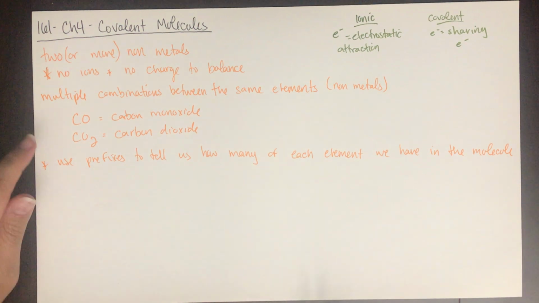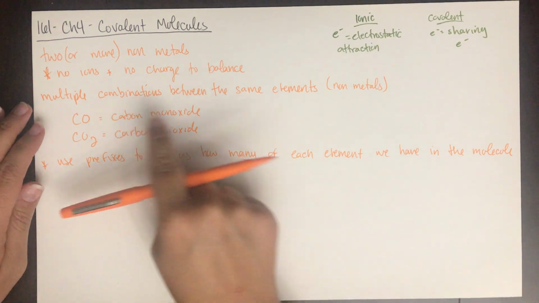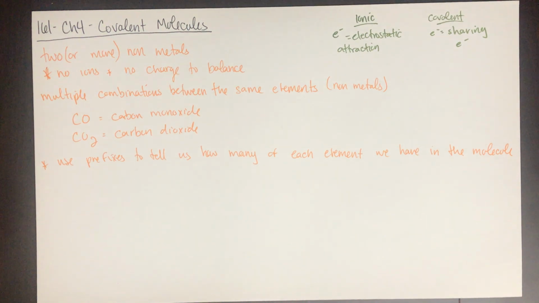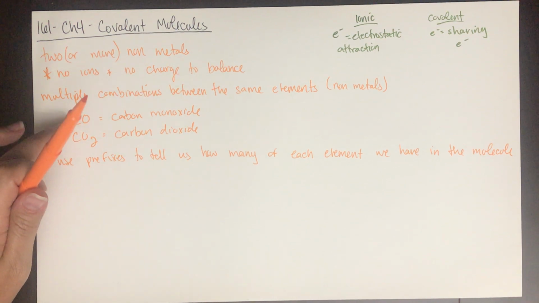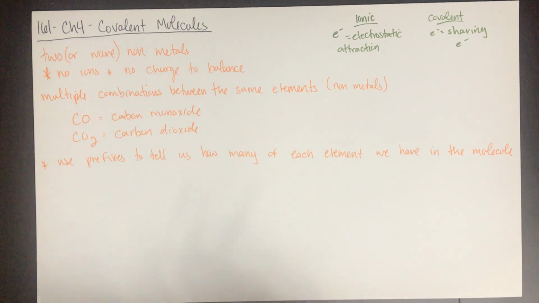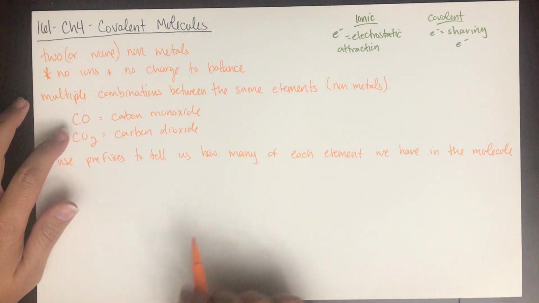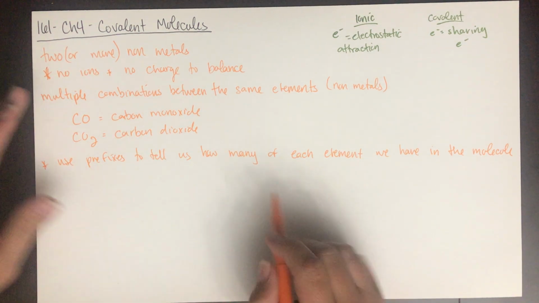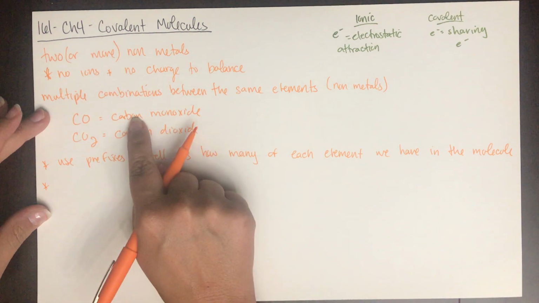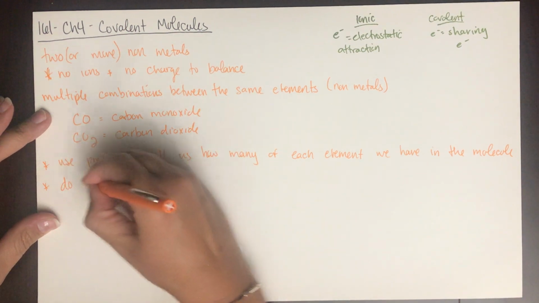Remember the order with ionic compounds was always the positively charged ion first and then the negatively charged ion. We're not dealing with ions, but it's always written in the way that it's named. So it's carbon monoxide. You do not use a prefix if there's only one of the first element.